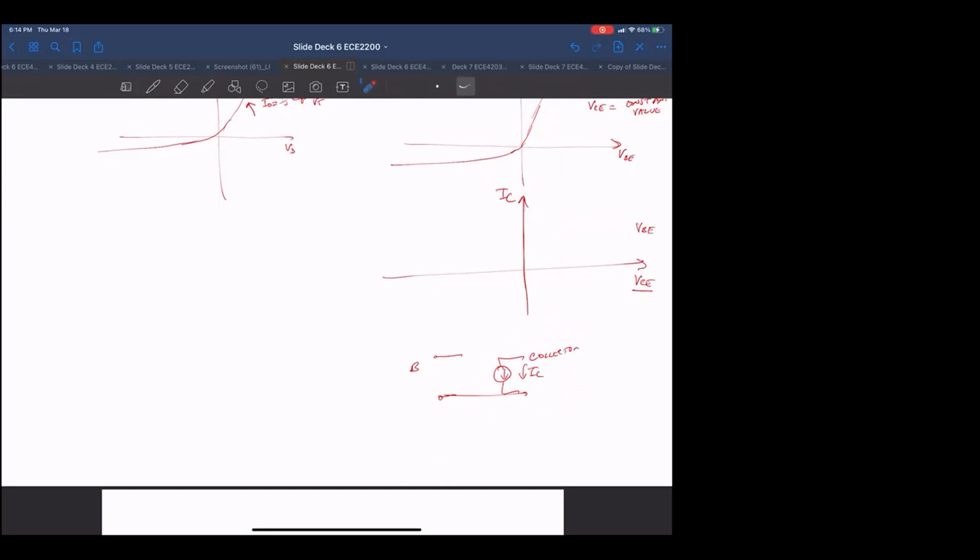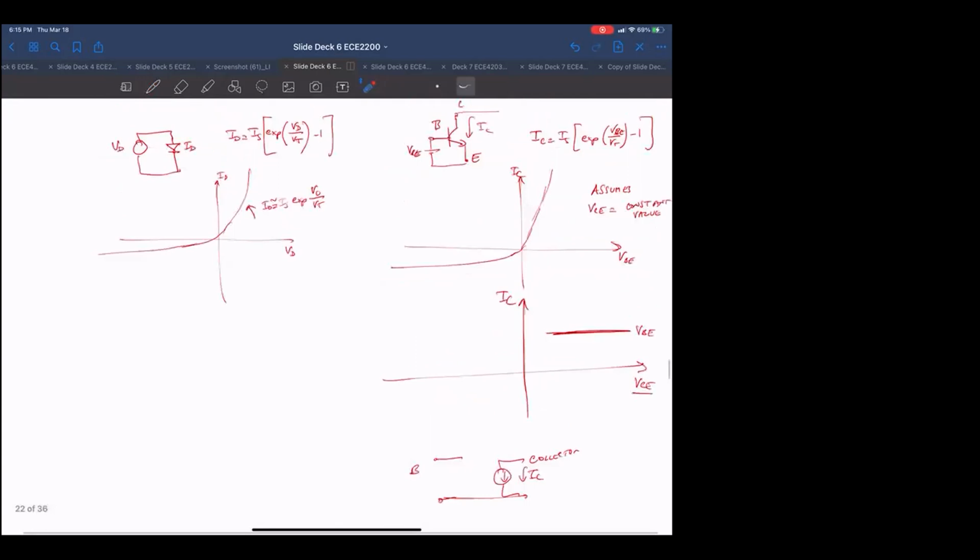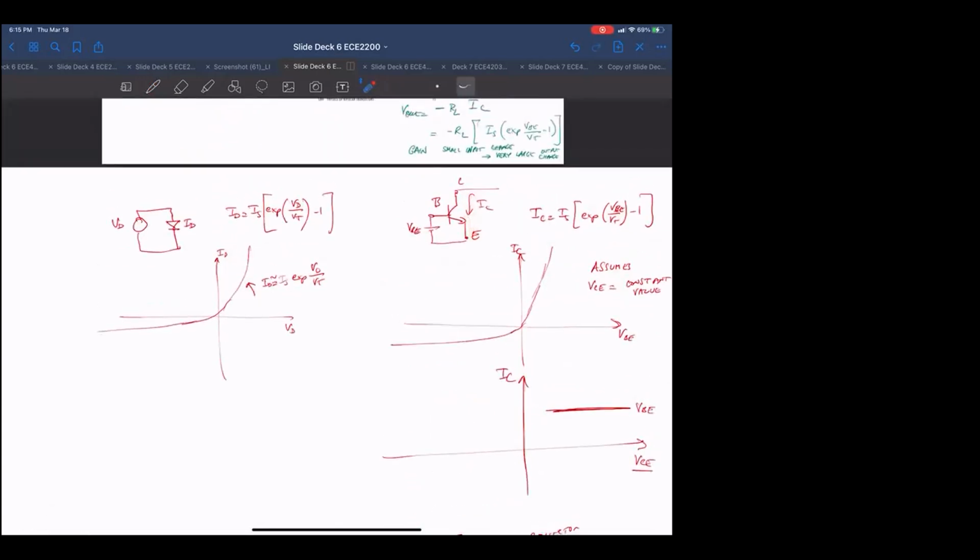So if I was going to draw VCE versus I sub C, it'll just be a straight line. Theoretically, no matter how much I change this collector emitter voltage, the output current is going to stay the same.